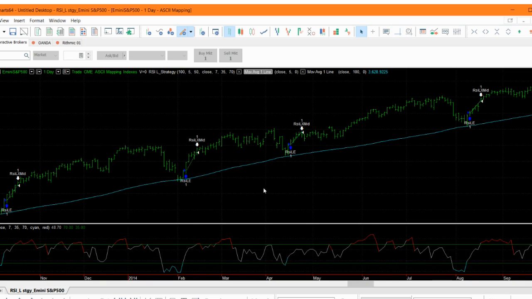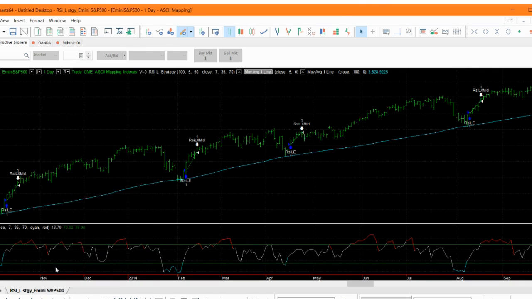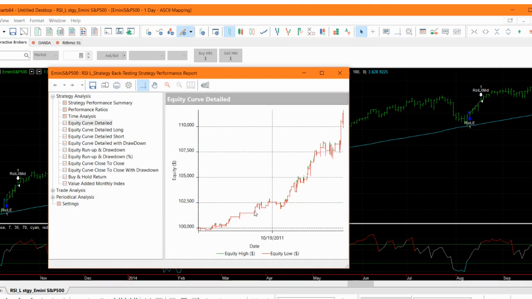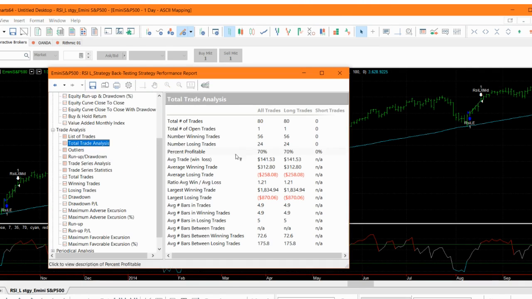So this is how the strategy has been tested here, and if I show you the strategy results, it has a beautiful equity curve and a 70% win rate, 80 winning trades out of 80 trades since 2000, and the average trade makes $141 per trade.